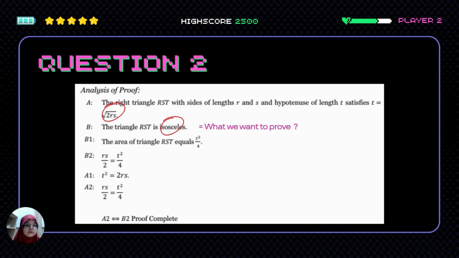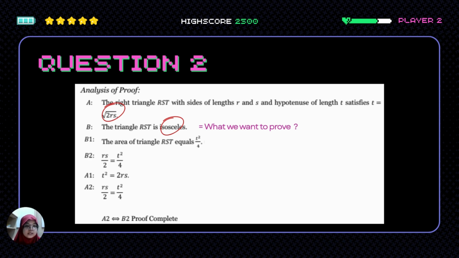So first we write the analysis of proof and write A and B that we get from the question. Here we want to prove B, so we have to find B1. So the area of RST equal to T squared over 4. So B2, RS over 2 equal to T squared over 4.